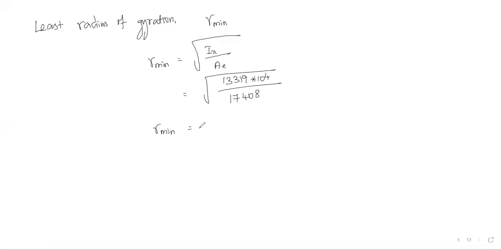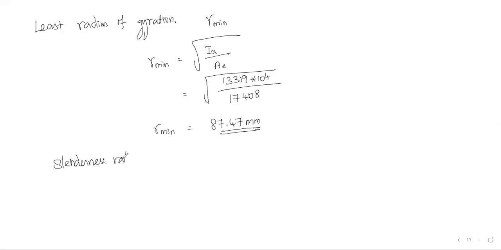Therefore, R minimum becomes 87.47 mm. So why we have to calculate these values means we have to calculate the value of FCD, that is stress. Okay. So in order to calculate the compressive stress, we need all of these values. Okay. Next is slenderness ratio.